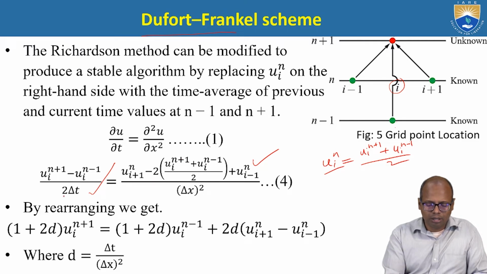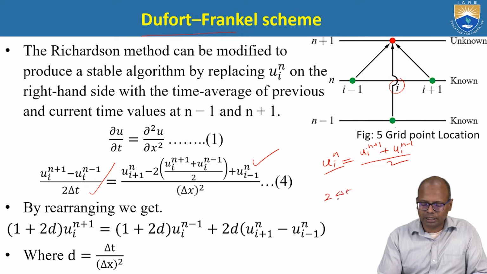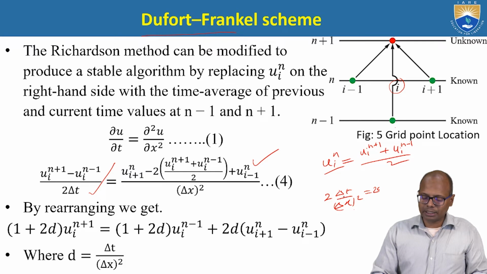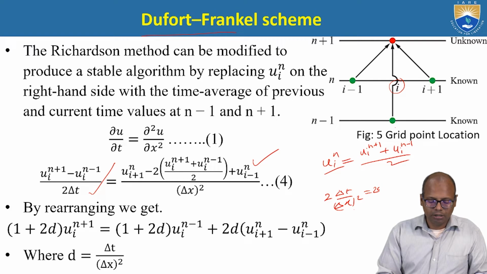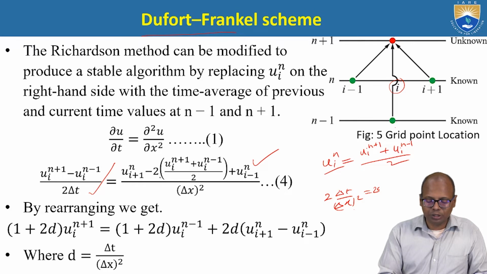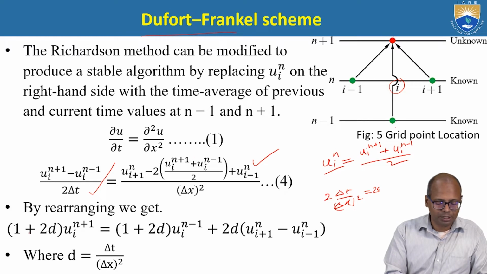Here 2 delta t by delta x whole square, if I bring this side, is equal to 2D, because the diffusion number delta t by delta x square is equal to D. So if I substitute that here, I will have u_i^(n+1), and 2D into u_i^(n+1). If I bring that here, minus will become plus, so it is (1 + 2D) into u_i^(n+1).